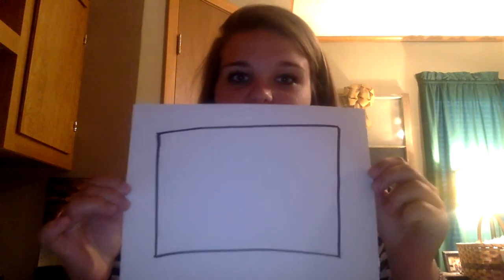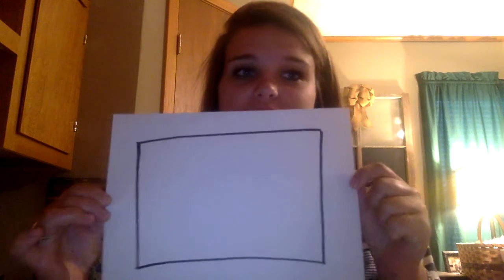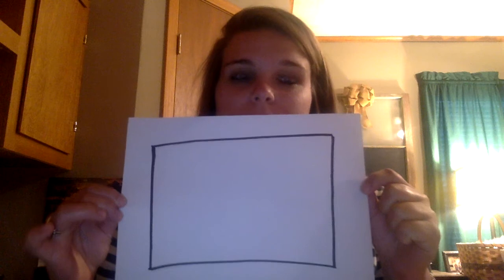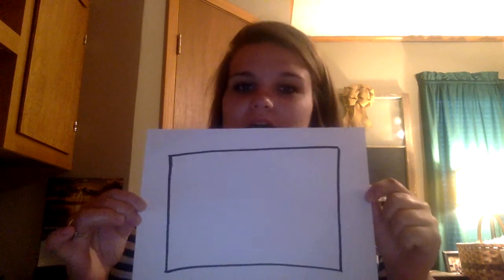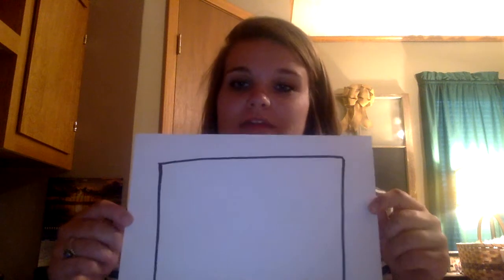What shape is this? A rectangle. Yes, that is correct. Would a rectangle be symmetrical? Okay, I know that's kind of tricky, but if we draw a line in the middle of the rectangle and then fold the shape over this line, so for example, we're going to fold the rectangle over a line in the center.